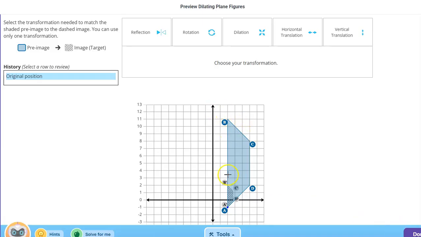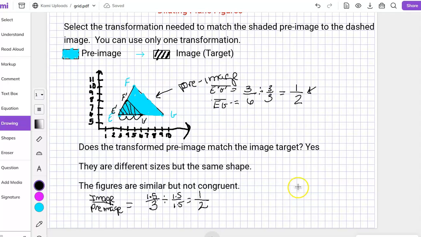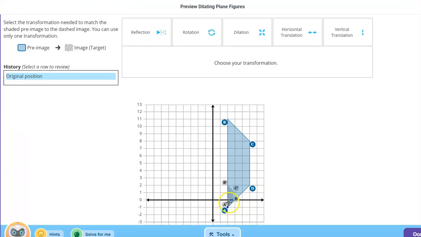Okay, so you're going to pick one side. You don't want to use a diagonal side. You want to do a straight side. So I would do A prime B prime, and then do A and B. So this one is 1, 2, 3. So that means it would be 3 on top. And then it's 1, 2, 3, 4, 5, 6, 7, 8, 9, 10, 11, 12.